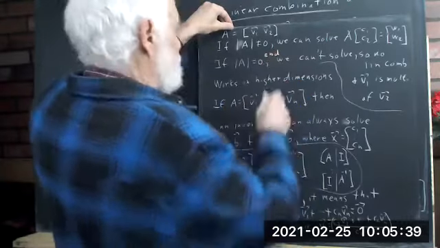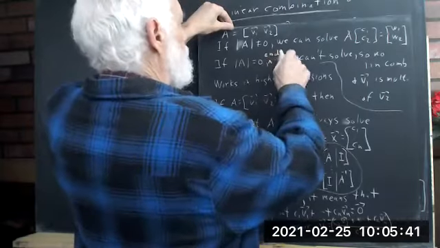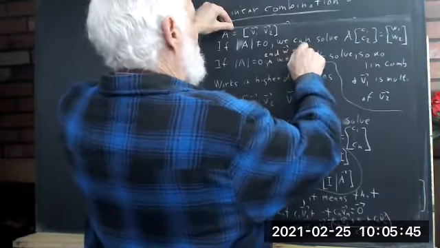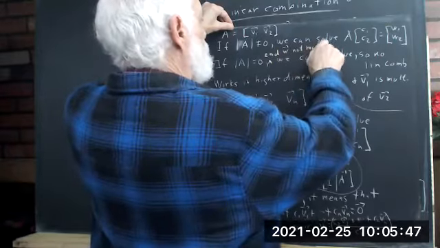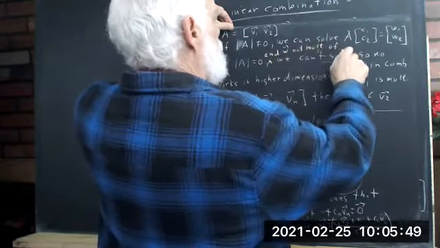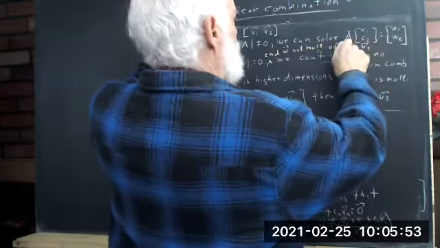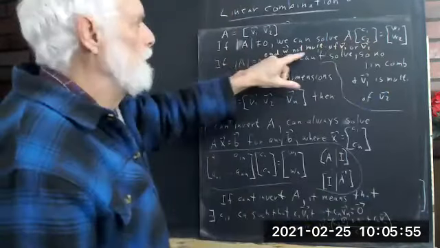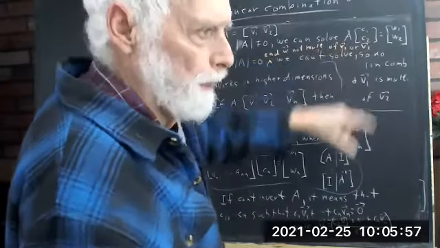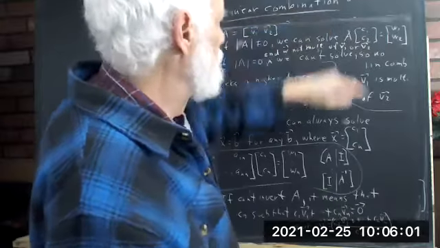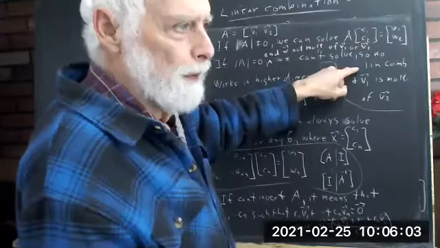I got it. I've got to say W would not be a multiple of V1 or V2. So as long as W is not a multiple of V1 or V2, we can't solve the equation.